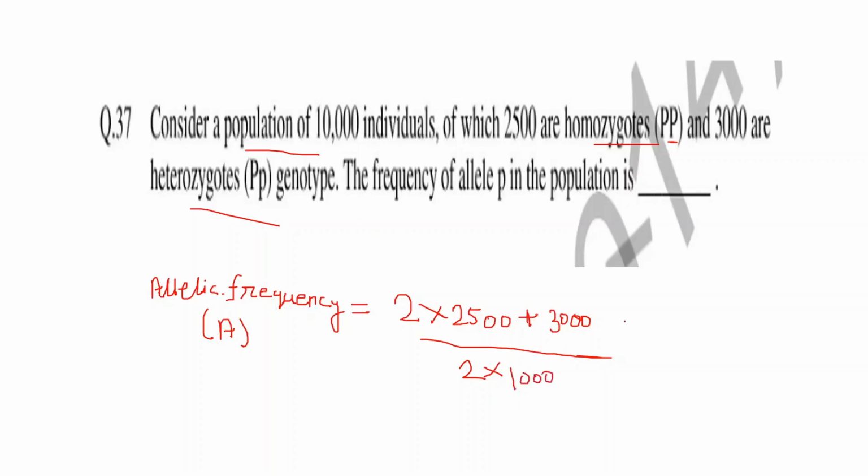When you calculate, 2 into 2500 will be 5000, plus 3000, then divided by 20,000.